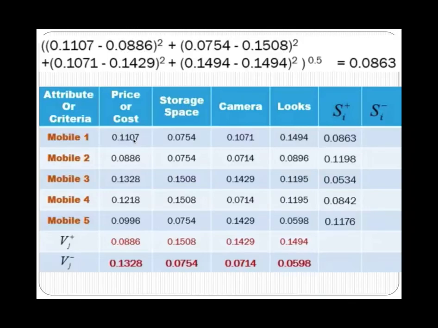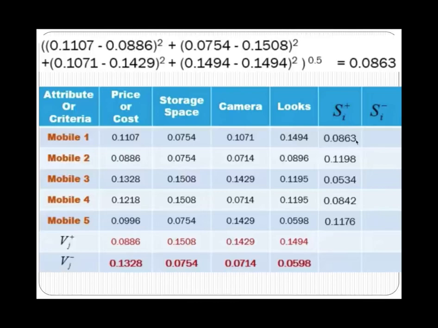So 0.1107 minus 0.0886, we take the square of this, plus 0.0754 minus 0.1508, then we take the square of this. Then we add all of these and take the square root, and this will be 0.0863.